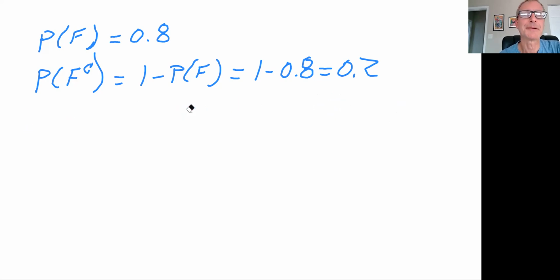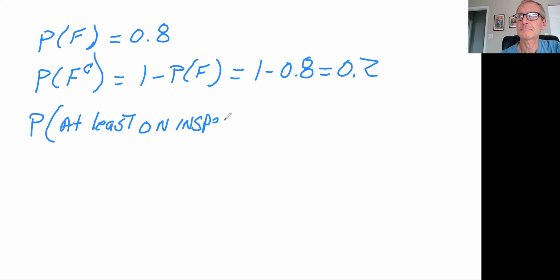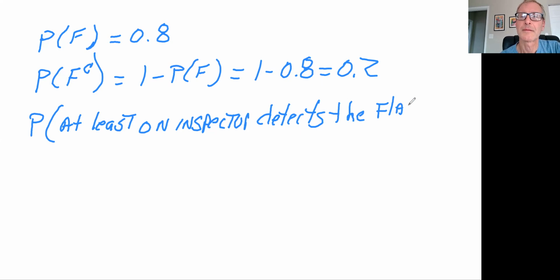The idea is, apologize for that, the probability that at least one inspector detects the flaw. So how do we set that up mathematically?